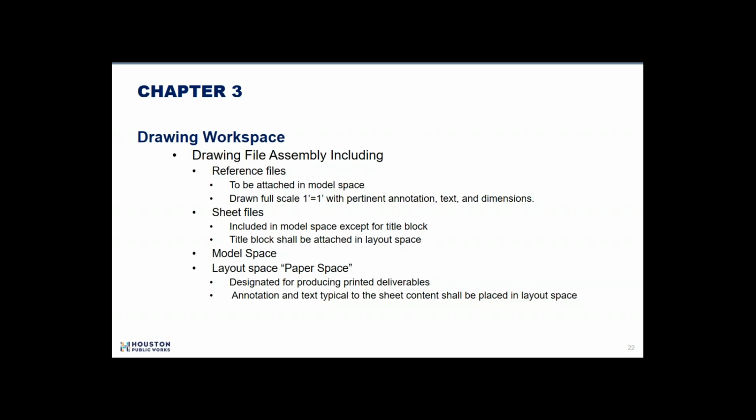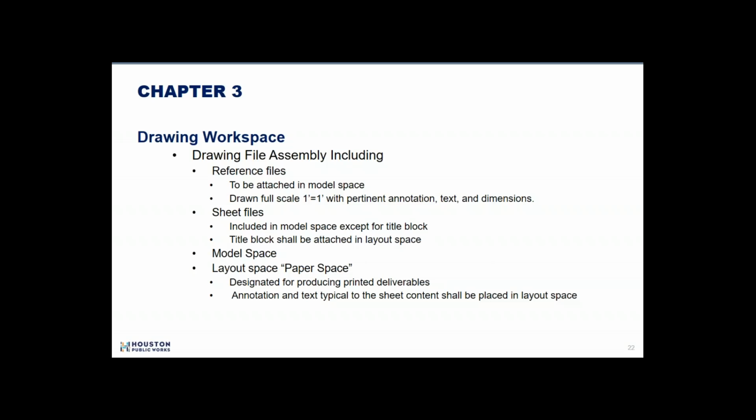So what you'll see is that we talk about drawing file assembly. We'll talk about how to attach reference files in model space, drawing those one-to-one with pertinent annotation, text, and dimensions. Sheet files are included in model space except for the title block. The title block shall be attached in layout space. We also talk about paper space, having it designated for producing printed deliverables.